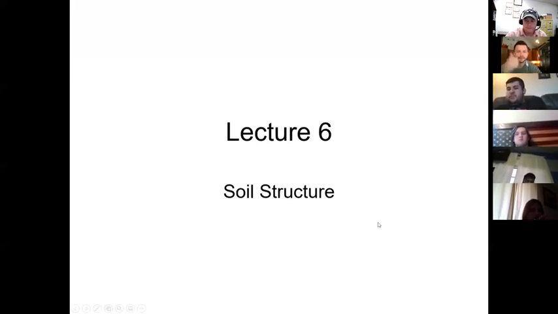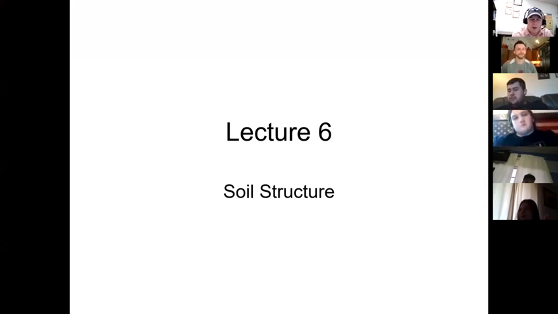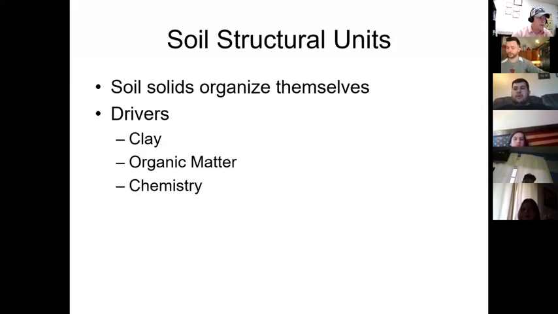Good? Okay. All right, so let's start talking about soil structure. I think this is something that you guys have probably seen already, at least in the slides of this class. We've maybe pointed it out a few times, but maybe not given names to it. So really what we're talking about is how the different forms in the soil organize themselves.